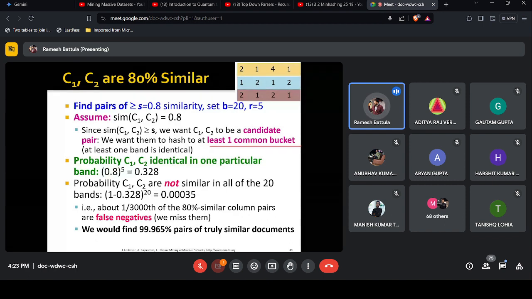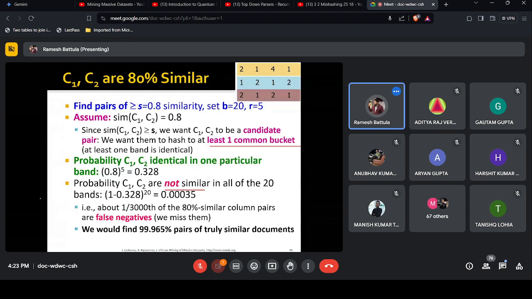But we are talking about the 80%; the remaining 20% are not similar. So we need to calculate 1 minus this particular probability, which is equal to 0.00035. That means it is 1 by 3000 of the 80% similar column pairs, or false negatives.